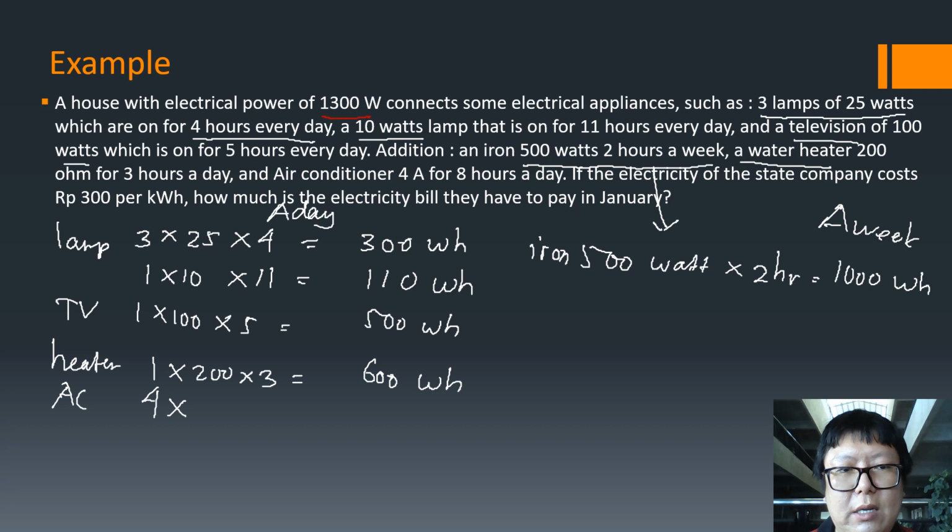Okay, the water heater, sorry, that should be wrong. This is not the P, this is the R. Alright, so this is the I. Then you cannot use this one, so the heater must be erased.